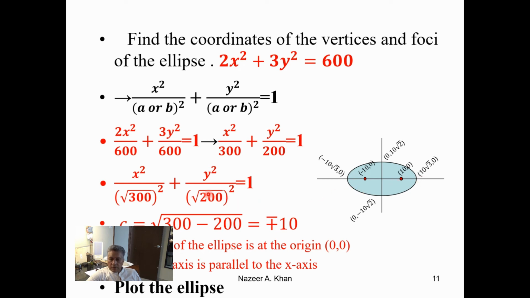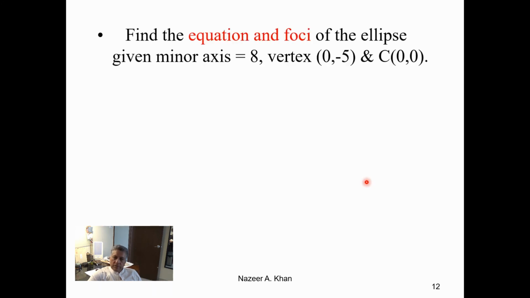And for this one, plus or minus 10 root of 2, which would be the minor axis right there. And then I went and solved for the foci, plus or minus 10. So when we go and put those in, we have plus 10 and 0, minus 10 and 0. And again, you're finished with that.